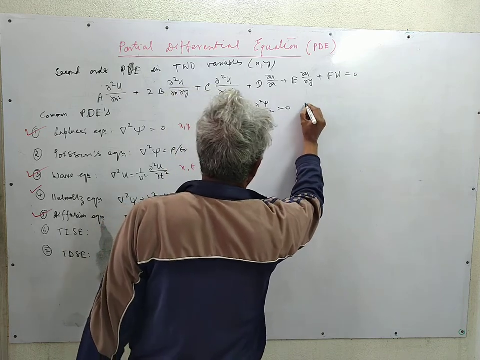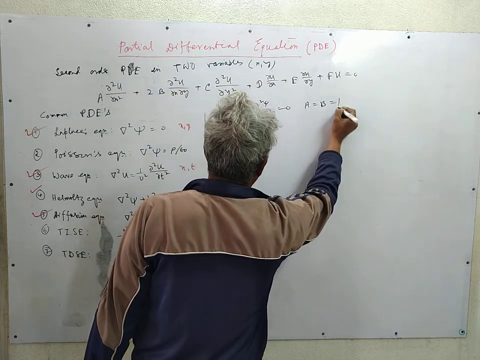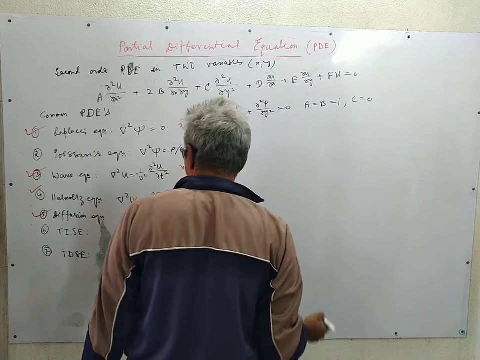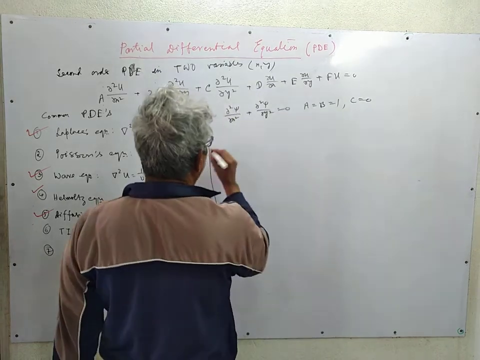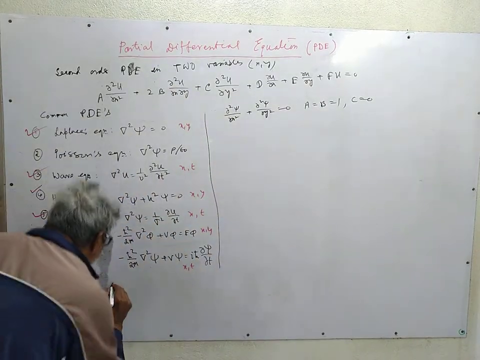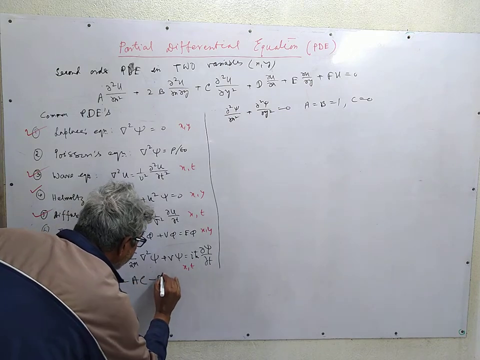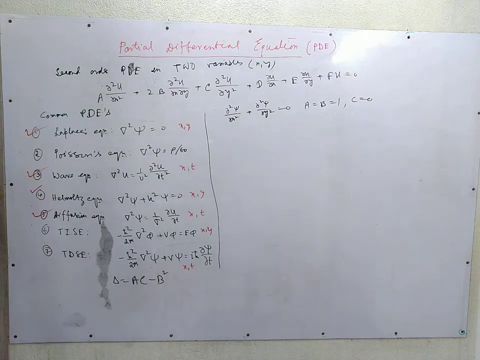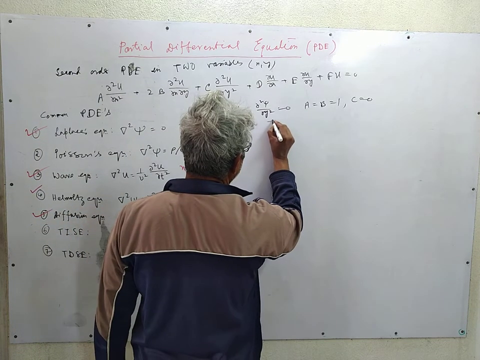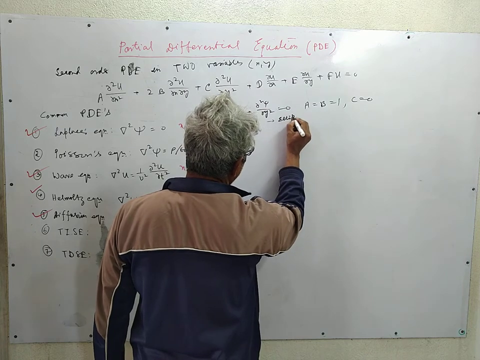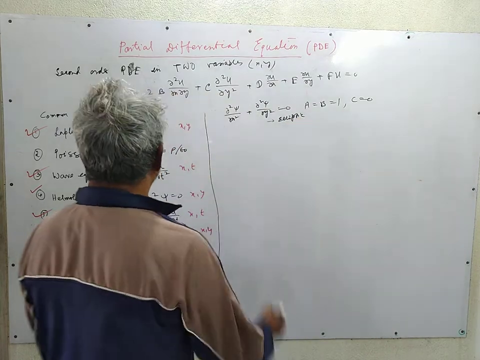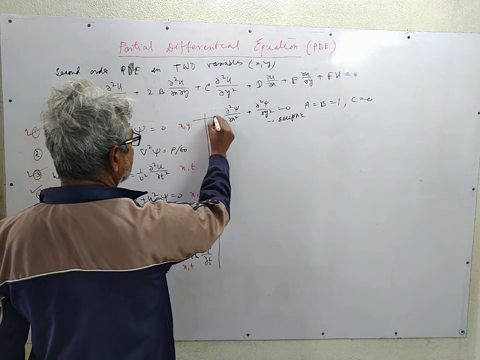So we have A is equal to B is equal to 1 and C is equal to 0. We define delta is equal to AC minus B square. And AC is greater than 0, so the equation is elliptic. This is the Laplace equation.